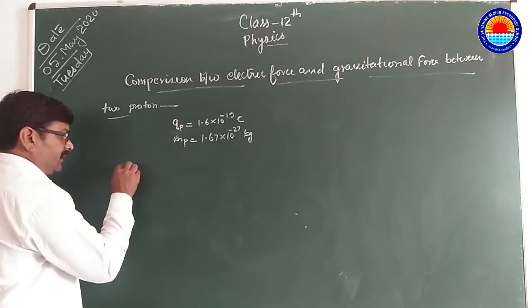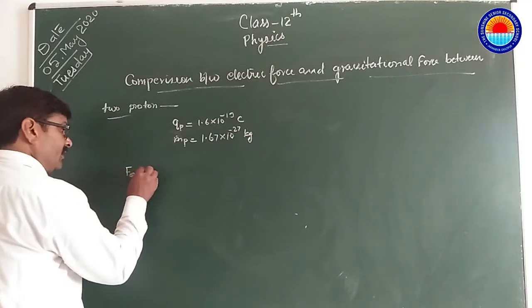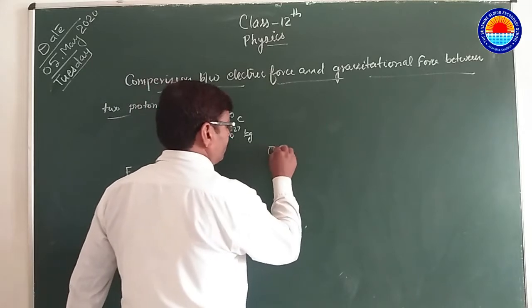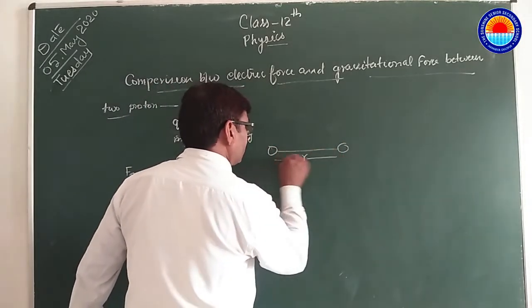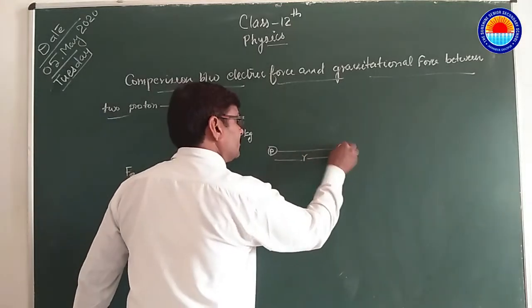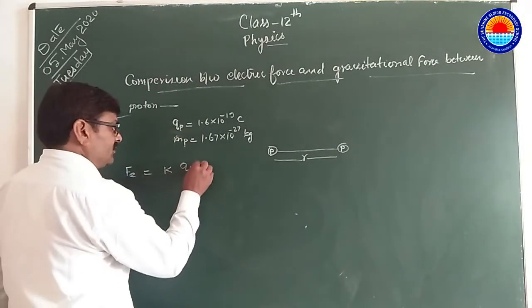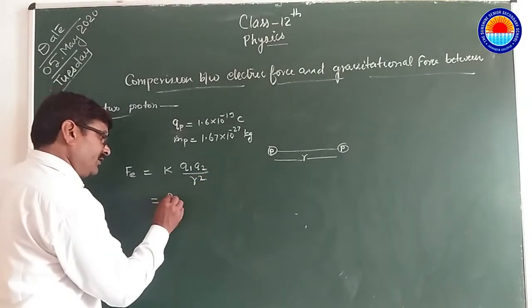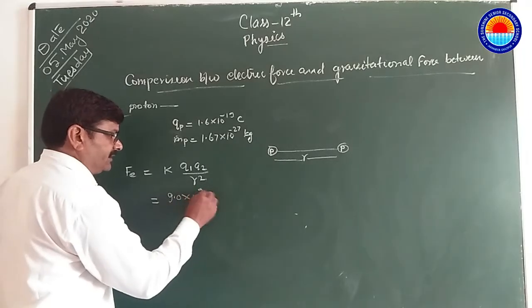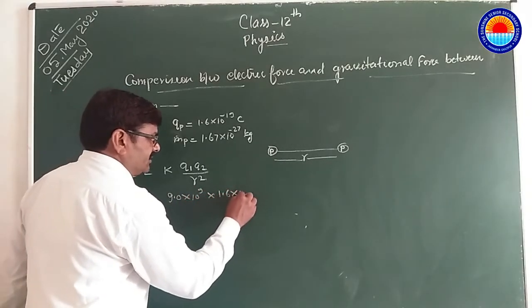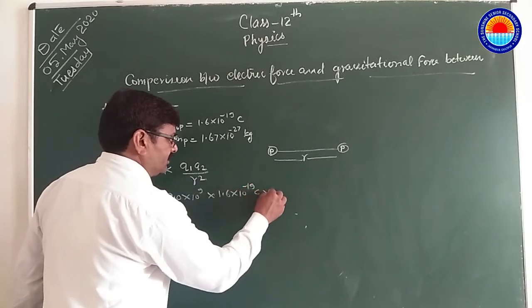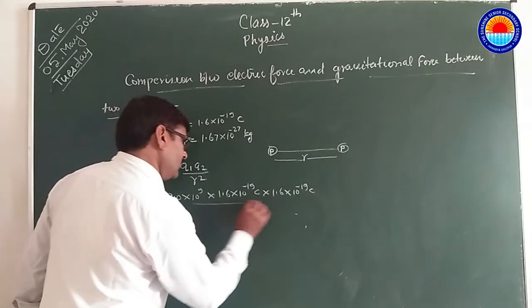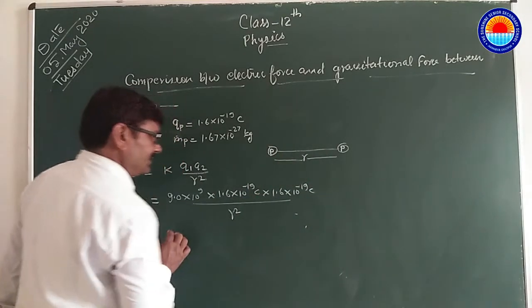Then the electric force is equal to K Q1 Q2 upon R square, which is equal to 9.0 into 10 to the power 9 into 1.6 into 10 to the power minus 19 Coulomb into 1.6 into 10 to the power minus 19 Coulomb, whole divided by R square, the separation between them.